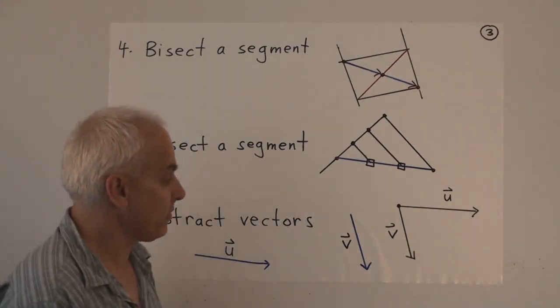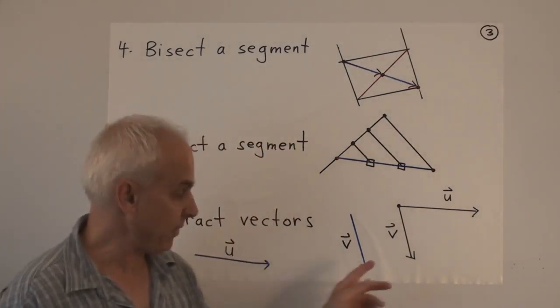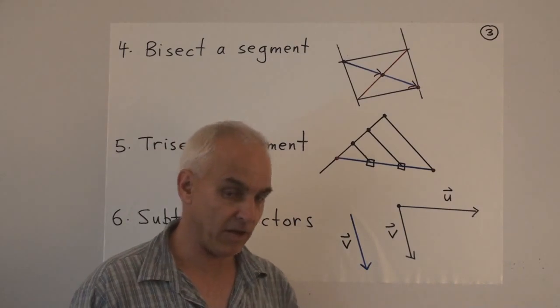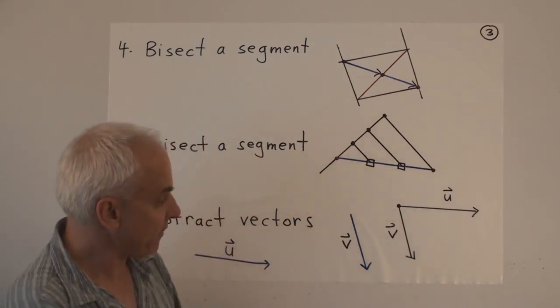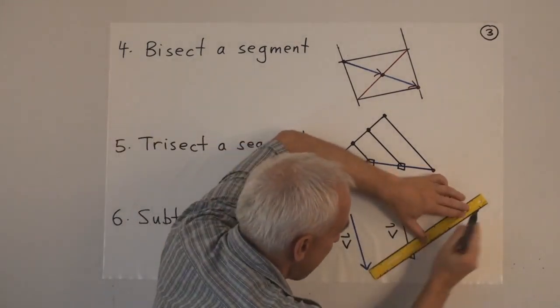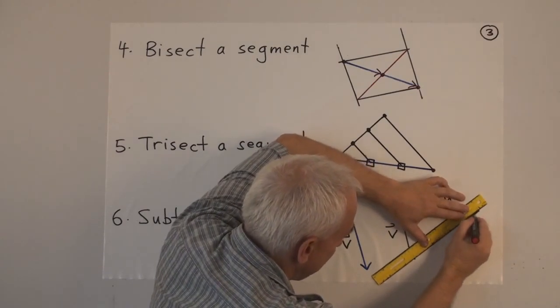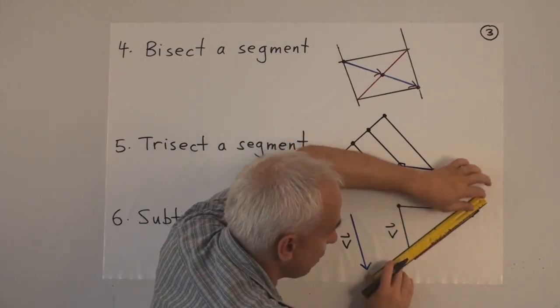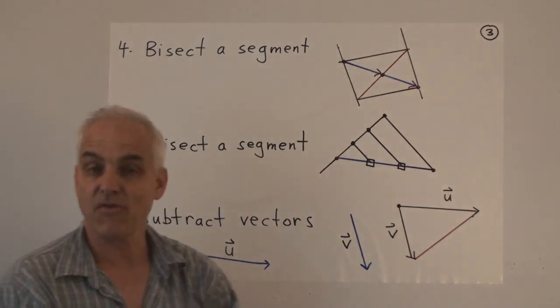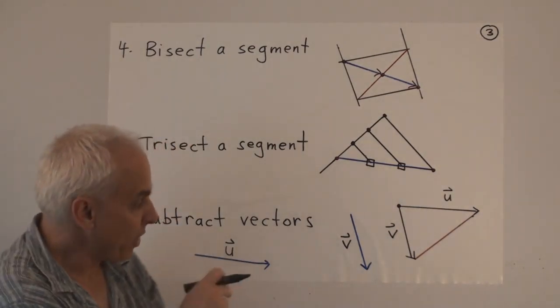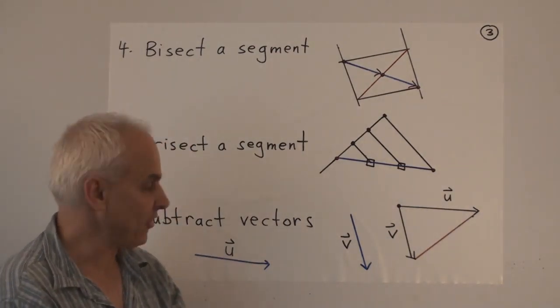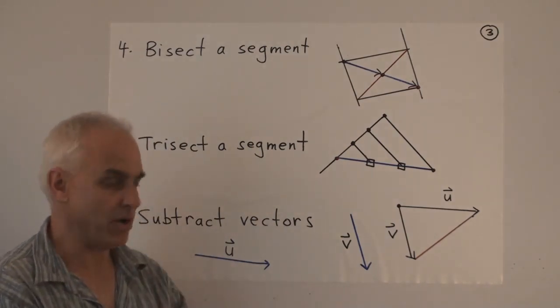And now what we're going to do, we're not going to add these two vectors. That would mean creating a parallelogram. We're not going to do that. We've already got enough information. It's now the line joining those 2 points which is going to be the difference. And which direction it's going to be is up to us. It depends which difference we want to take.